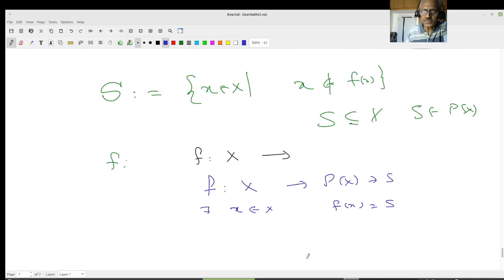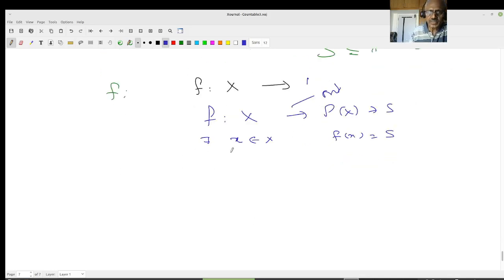Because it's onto and S is an element of P(X), therefore there is such an x. So there is an x such that f(x) equals S. Now what is the natural question again? We will ask, does x belong to f(x), which is S?